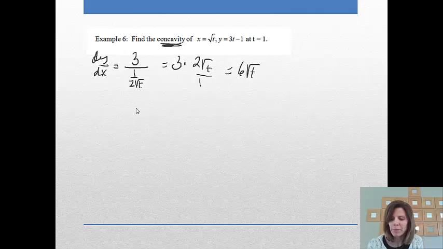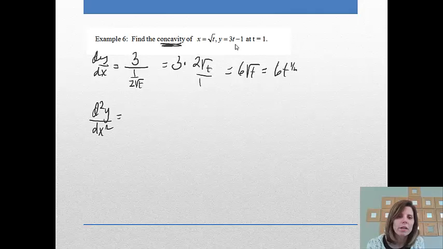And then from here, actually I think to make this easier, I'll write it 6t to the 1/2. It's going to make it easier in the end. To get the second derivative, we are going to take the derivative of what we just got, which will be, since I rewrote it like that, it's going to be easier.